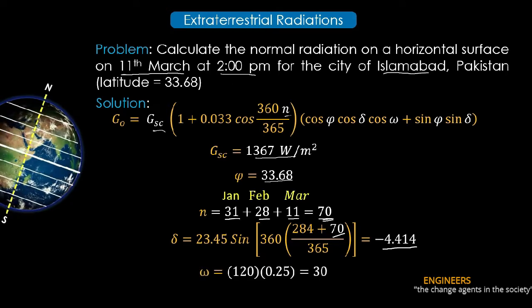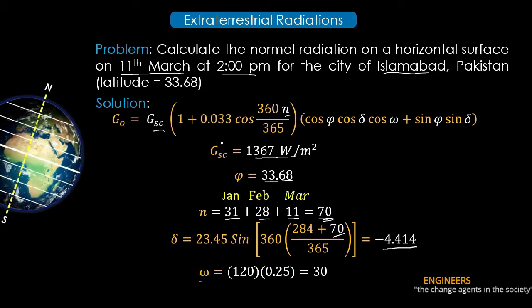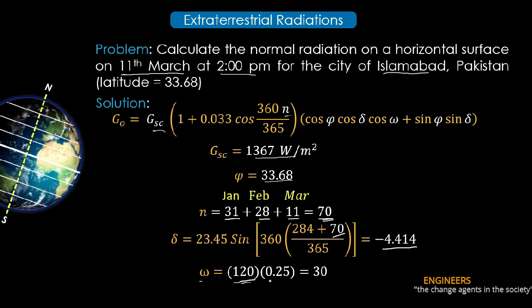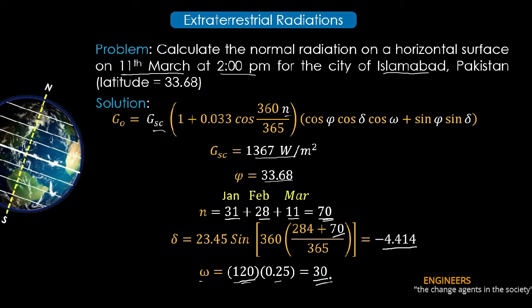Now change the 2 p.m. hour into the hour angle omega. For 2 p.m. we have 120 minutes multiplied with 0.25, so omega for our case is going to be 30.